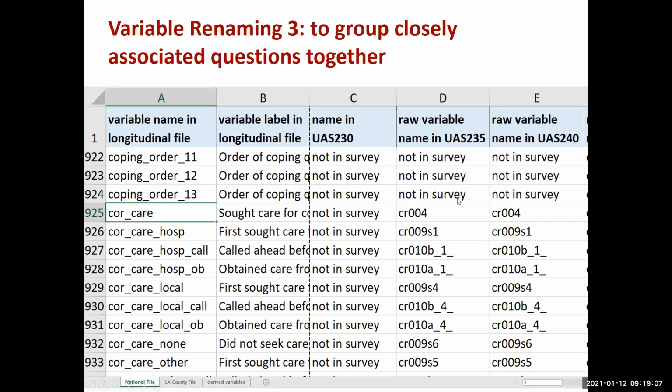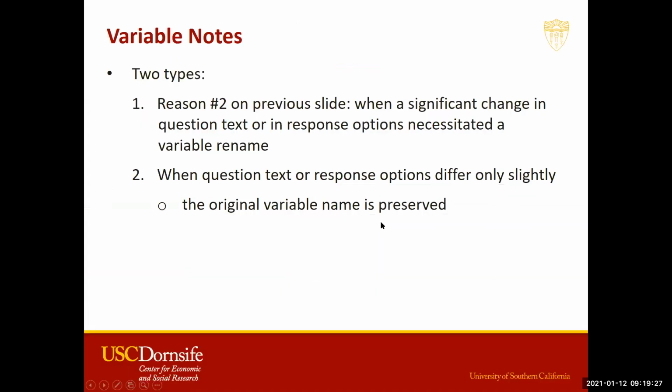They're all in a sequence right after one another. So to represent this close association between these four questions, we renamed them all to begin with the prefix core care. That's the last renaming reason that we have.